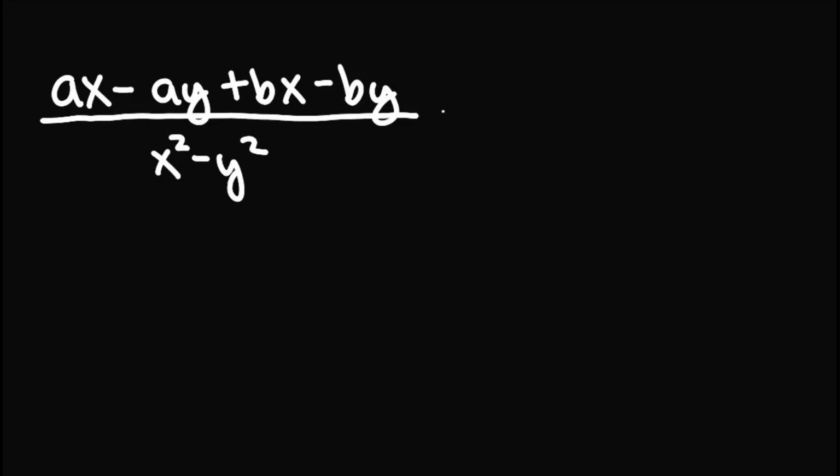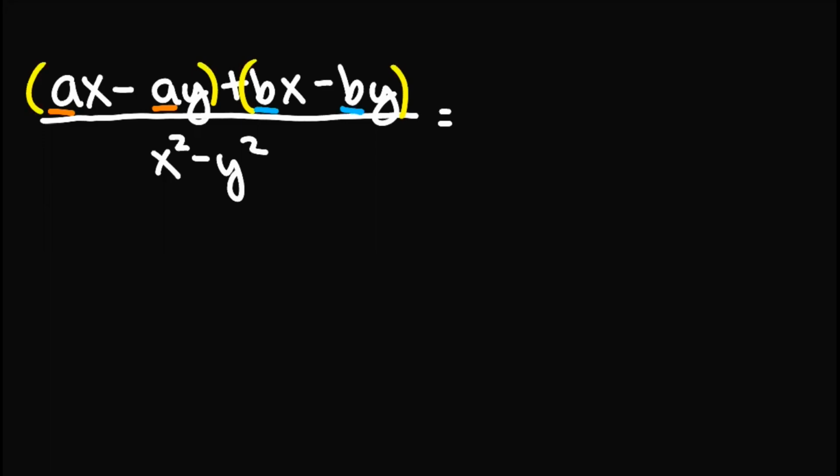Now note that the numerator, we can pair this one up out here, and we can factor out the a's out here, and for the second pair, we can factor out the b's out here.